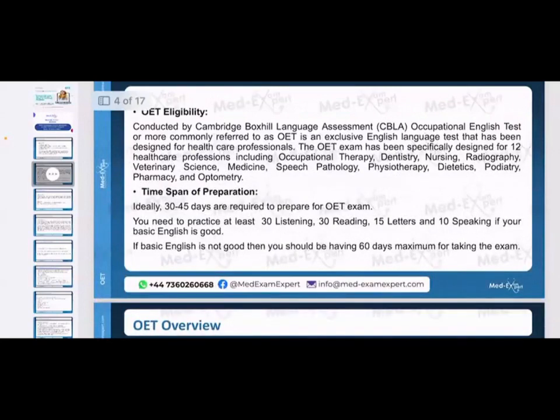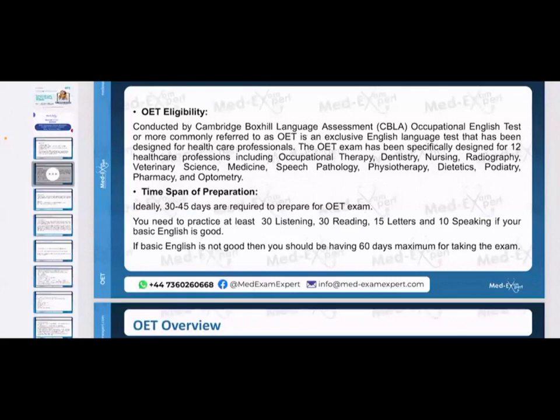It is conducted by Cambridge Boxhill Language Assessment, Occupational English Test, more commonly referred to as OET. It is an exclusive English test that has been designed for healthcare professionals. The OET exam has been specifically designed for 12 healthcare professions, including occupational therapy, dentistry, nursing, radiography, veterinary science, medicine, speech pathology, physiotherapy, dietetics, pharmacy, and optometry.